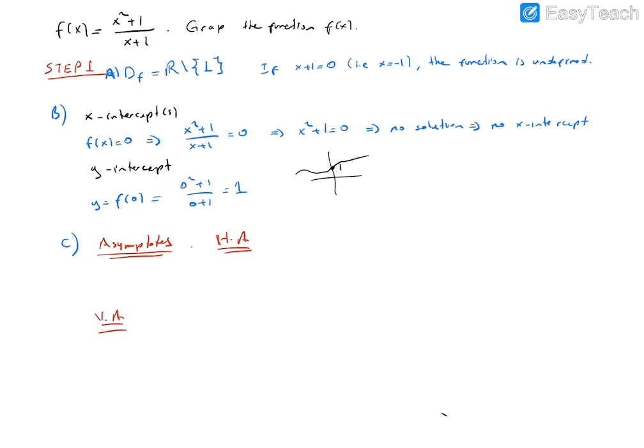For the horizontal asymptote, you should check the limit as x goes to infinity of f of x, so the limit of x squared plus 1 over x plus 1. Here we have an infinity over infinity indeterminate form. By applying L'Hopital's rule we get 2x over 1, so this is 2x, which goes to infinity.